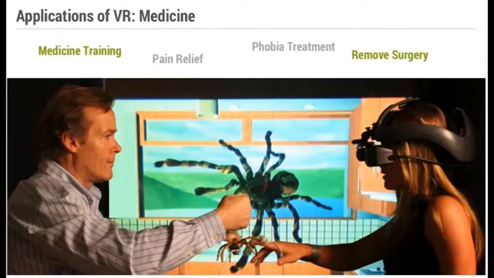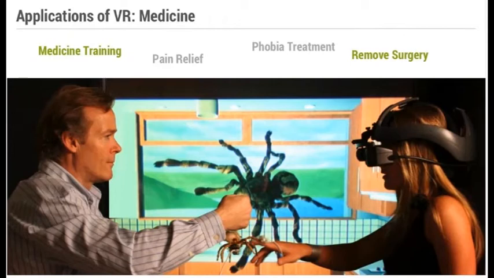In this case, you are able to get a visualization. If you pay attention, there is a toy spider that is put over the hand, so you can stimulate the feelings and the touch in this case.